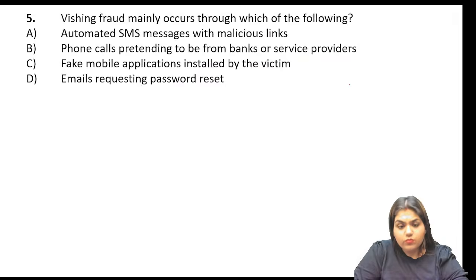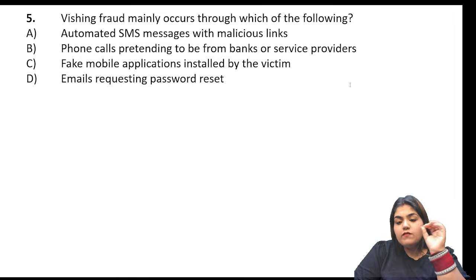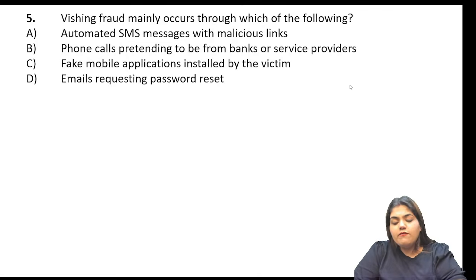Question number 5, sorry. Question number 5. Vishing. There is phishing, there is vishing. In vishing, V means voice. Frauds mainly occur through which of the following? They are by phone calls.